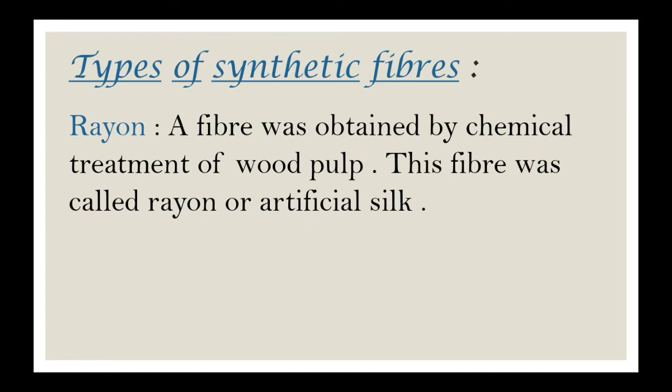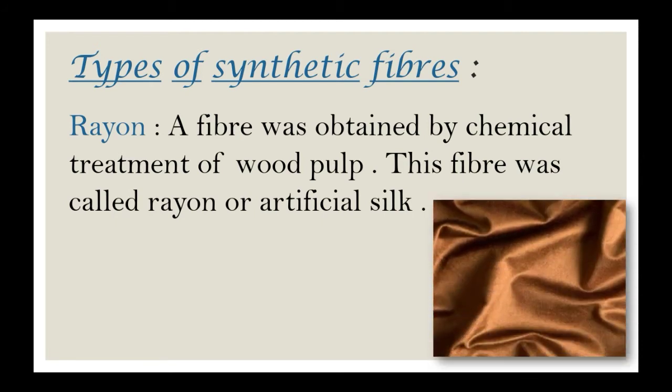Let us see types of synthetic fibers. First one is rayon, a fiber which is obtained by chemical treatment of wood pulp. This fiber is called rayon or artificial silk.